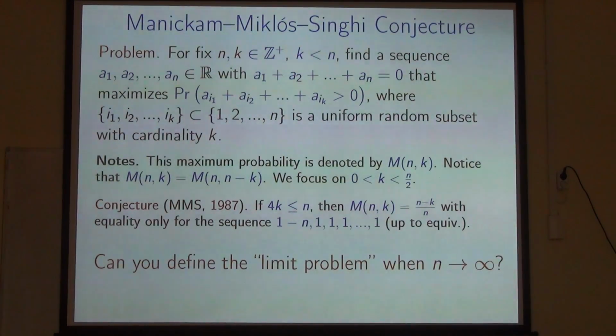And why is it useful? Because in this case you could replace this construction by -1, 0, 0, 0, 0, and so on, and you can define a limit of this solution by -1 and infinitely many zeros.